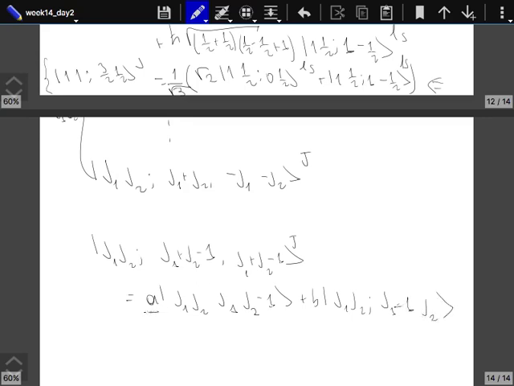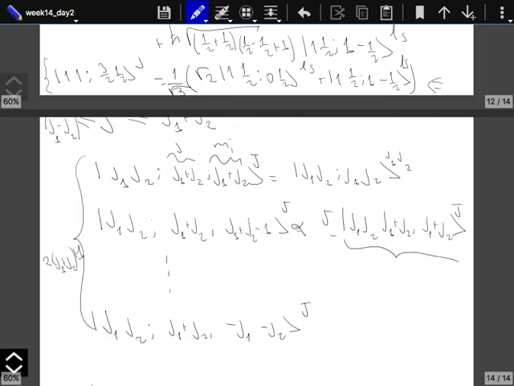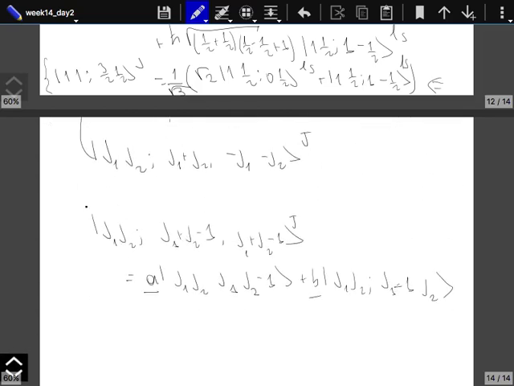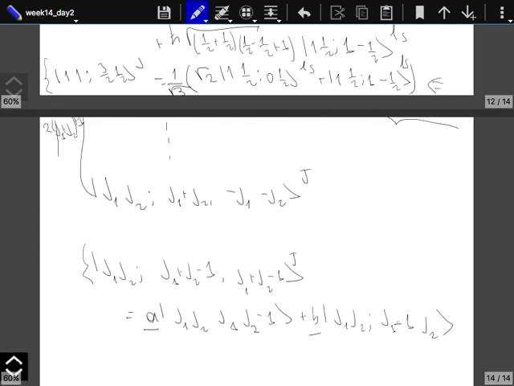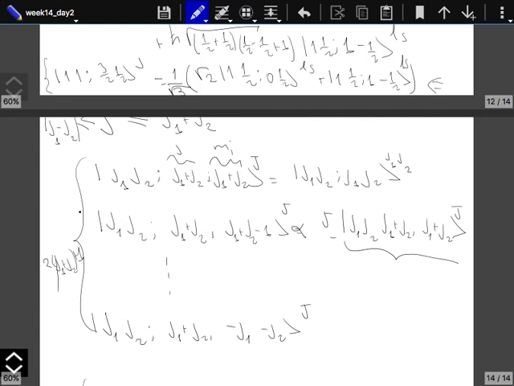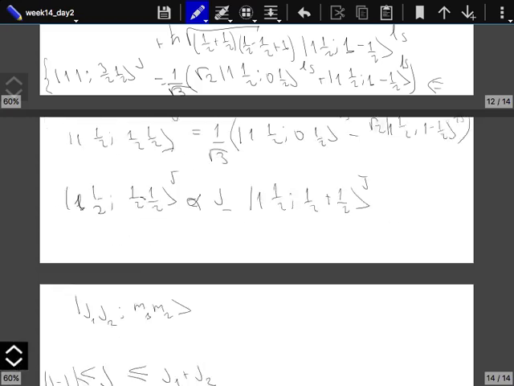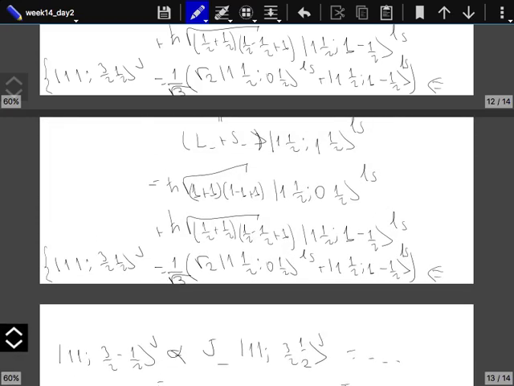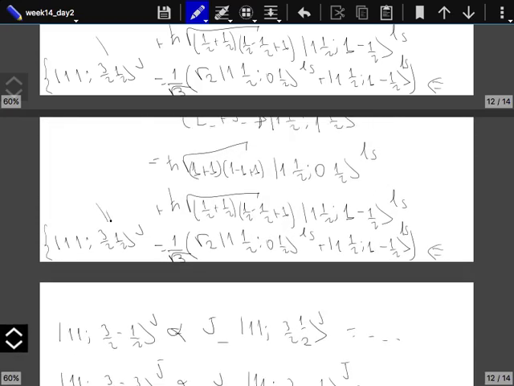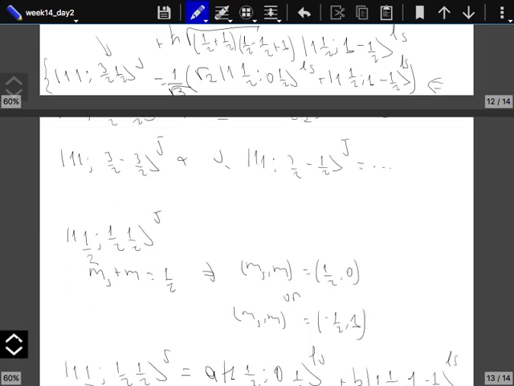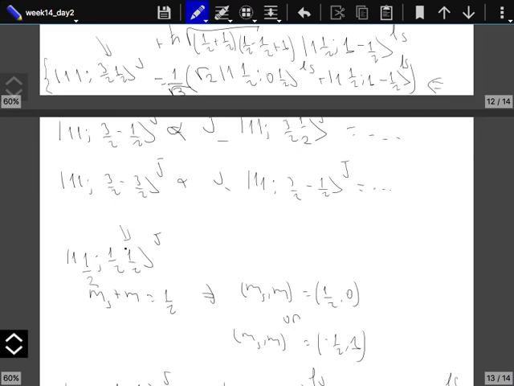So we have these two unknown coefficients A and B, which we can determine using the orthogonality of this state to this state over here that has the same mj value. So just like we did over here. You see here we had one ket which had mj equal to 1/2, and then we had this other ket which had mj equal to 1/2.